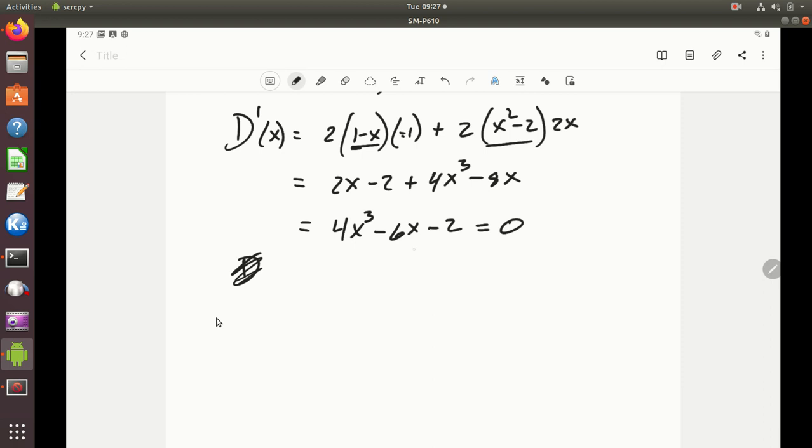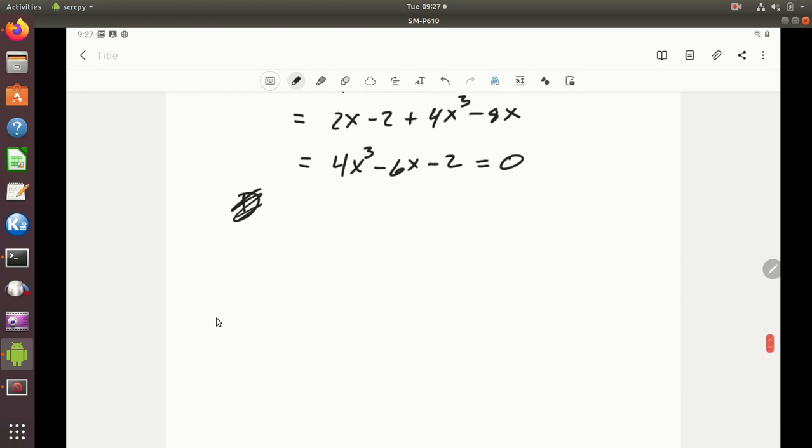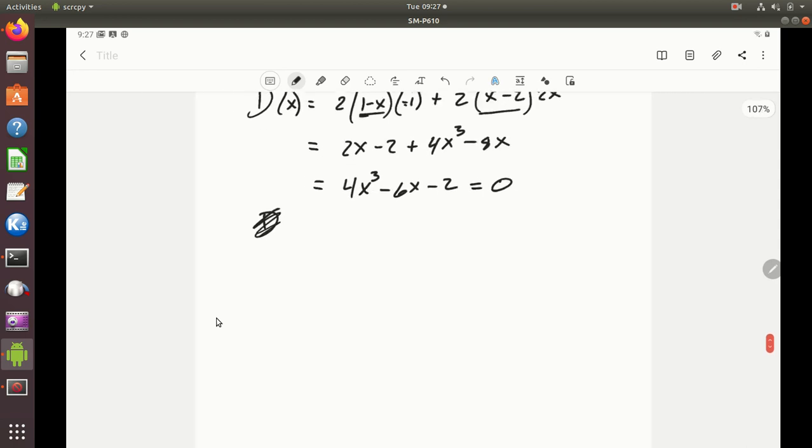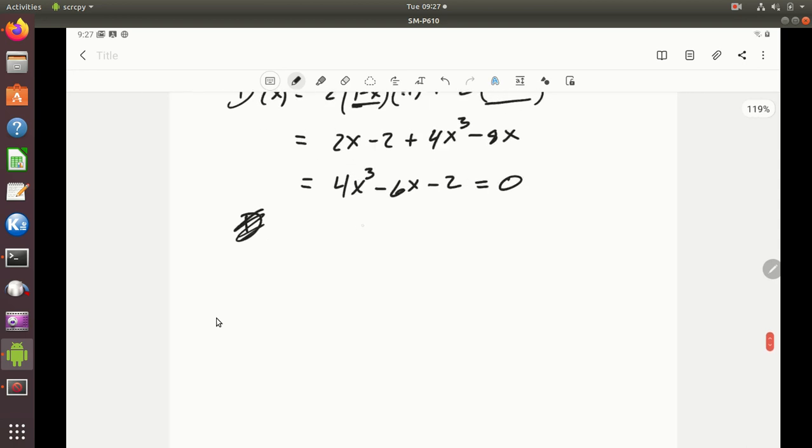And solve that. And that is a bit harder, right? All of a sudden. Can I simplify it a little bit by dividing by 2? So 2x cubed minus 3x minus 1 equals 0.